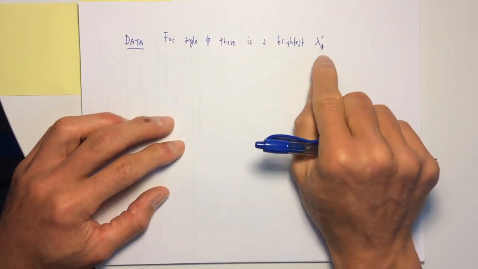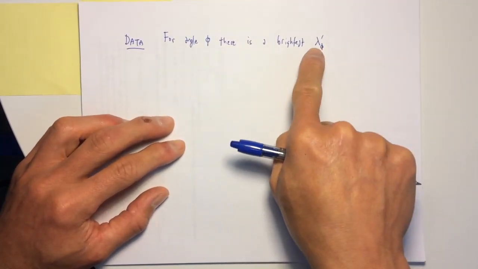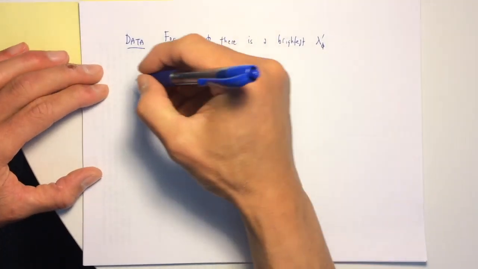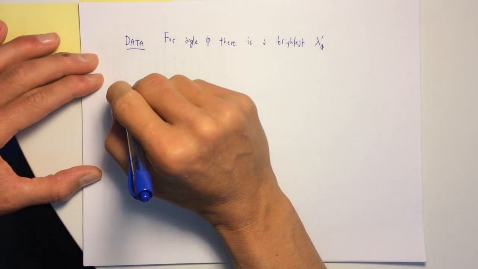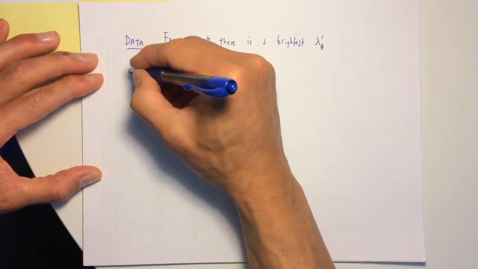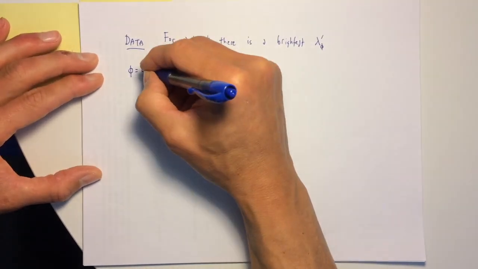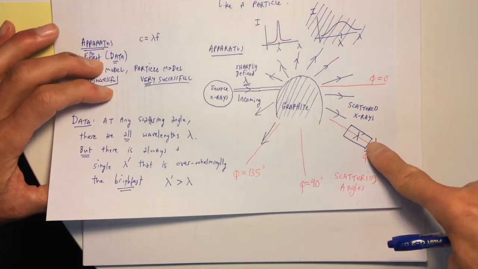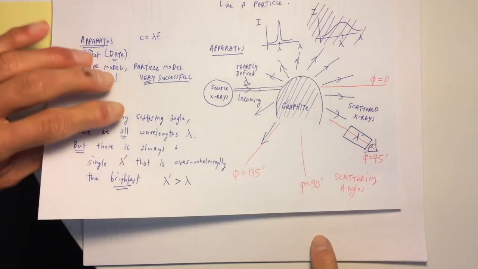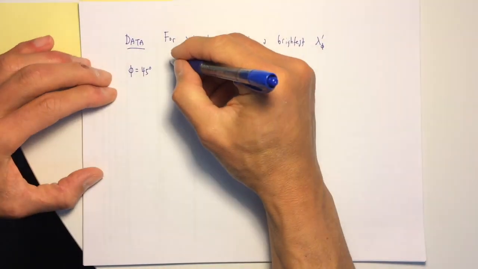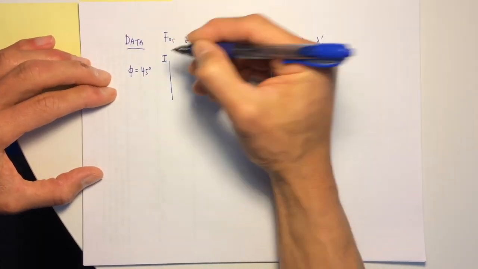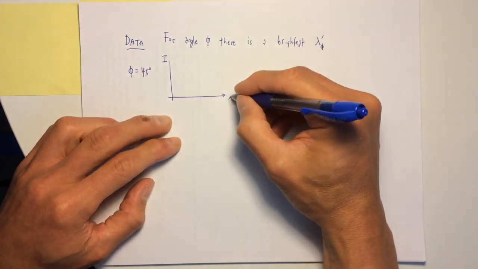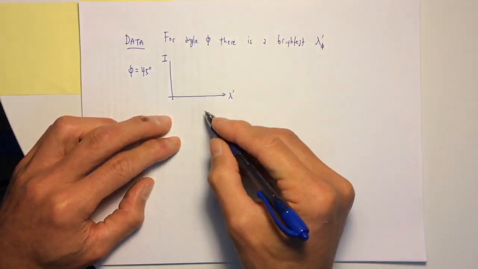That is, at different angles, there are different wavelengths that are the brightest. So let's say if you're checking scattering angle 45 degrees, so you're checking as drawn in the picture, there is a particular lambda. So I'm going to choose intensity, and this is lambda prime.